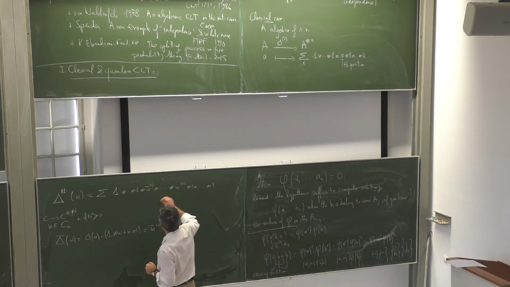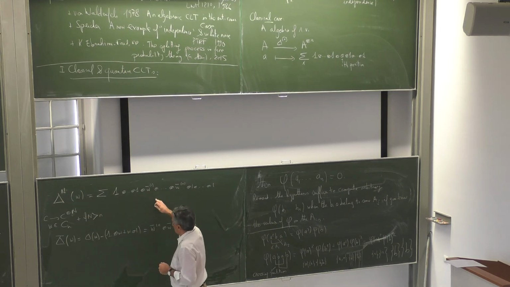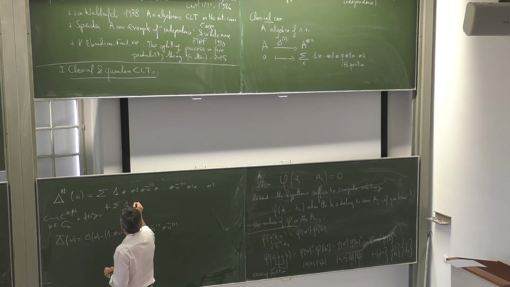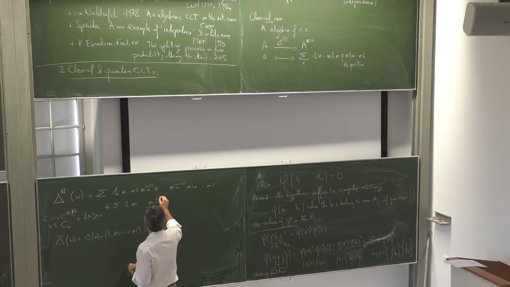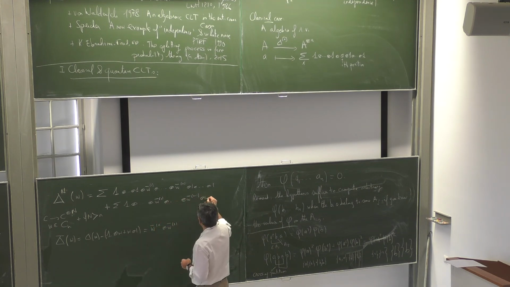And so if I look at the iterated coproduct of W, I have terms of this form. So I can have at most n terms corresponding to the iterated coproduct of order n. But I would also have terms corresponding to the iterated coproduct of order n minus 1.